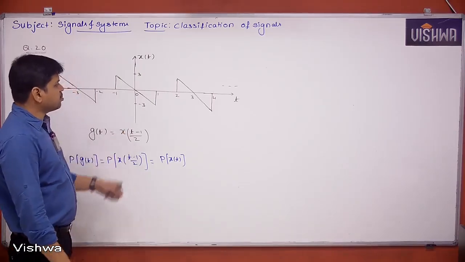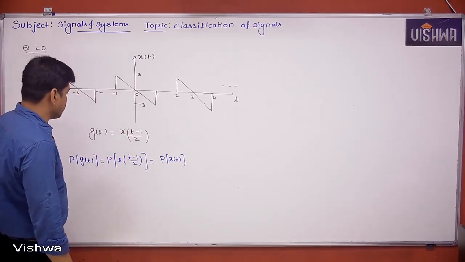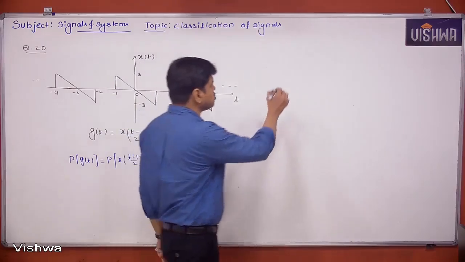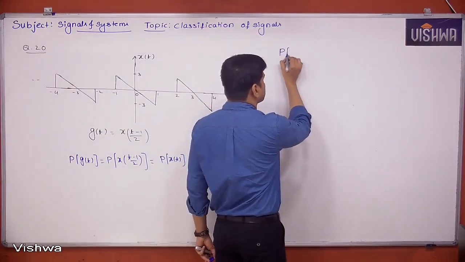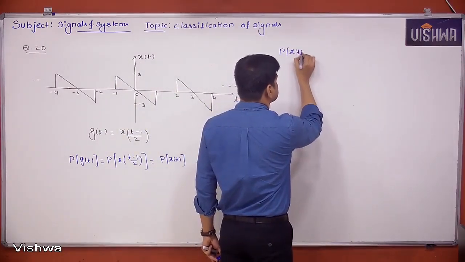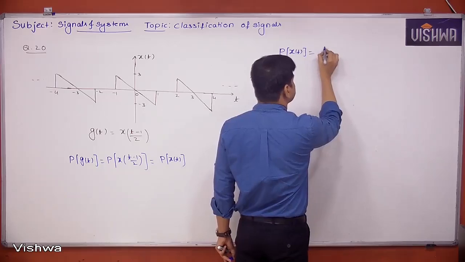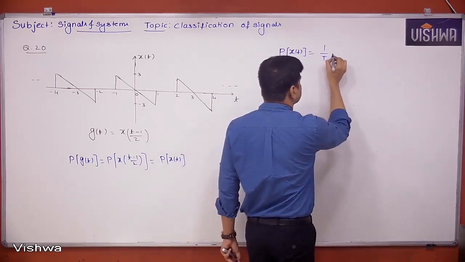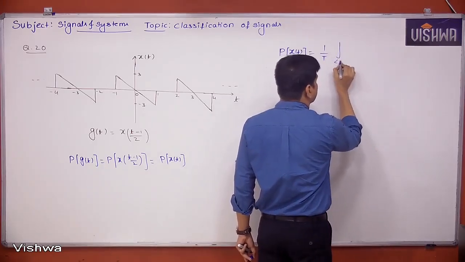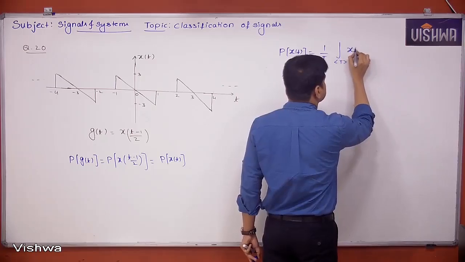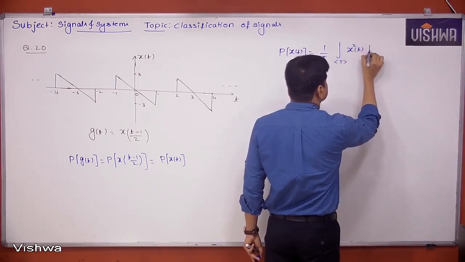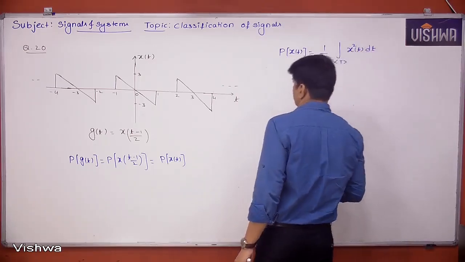Now, because it is a periodic signal, we know the power formula: power of x of t is x RMS square, which is 1 by T times the integration over a period of x of t square dt. This is the formula we have to use.